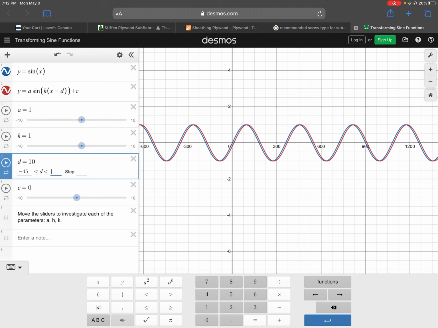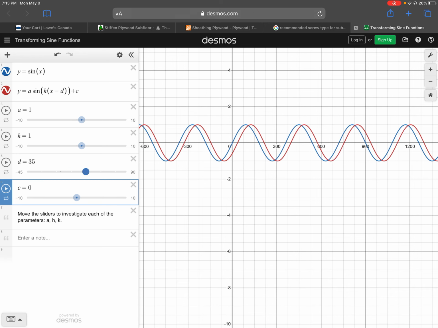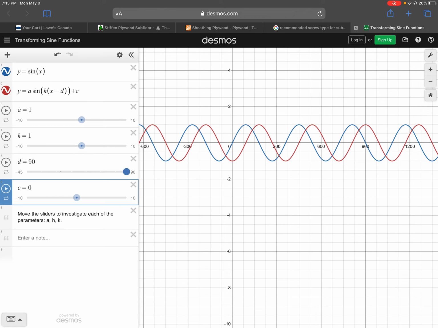All the way, we'll go up until positive 90, and we can increment by 20 degrees. All right, so you can see the red graph moving by the value of D.